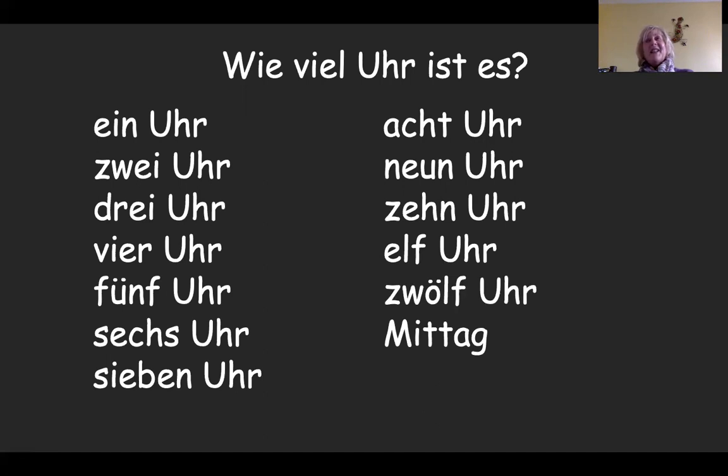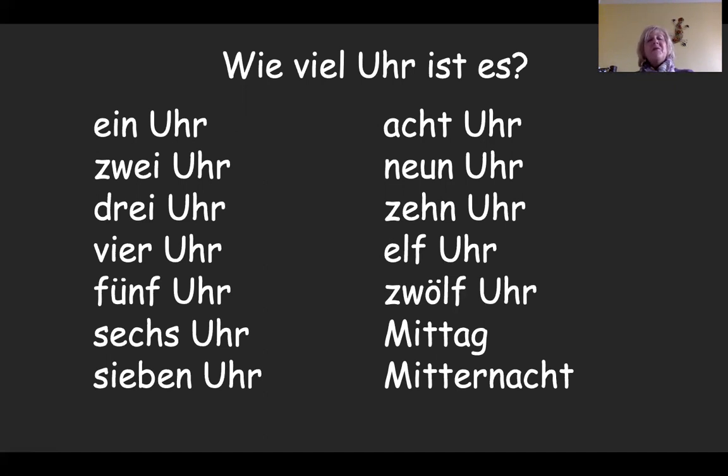And then you get a lovely word after midday, Nachmittag, which is afternoon, logically. And then how do you say midnight? Mitternacht. Of course, you can use the 24-hour clock as well, especially when talking about trains, buses, appointments, etc.